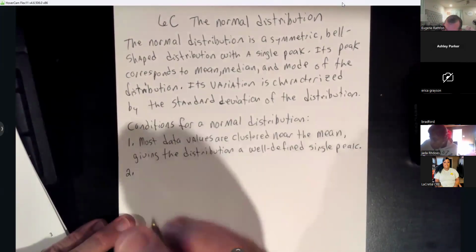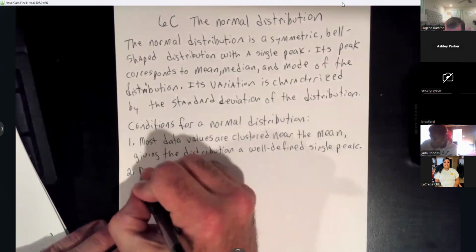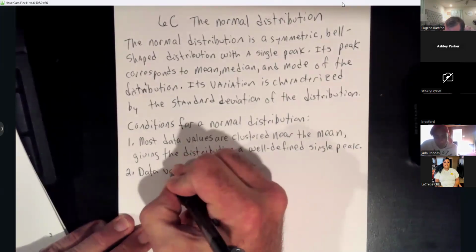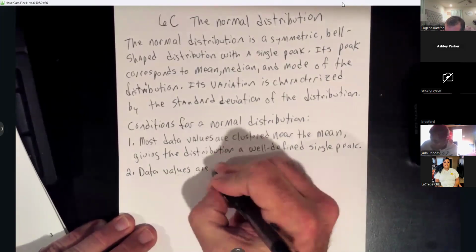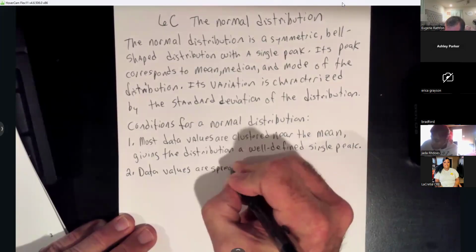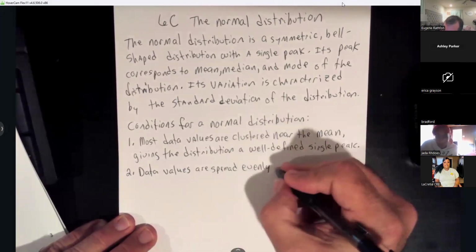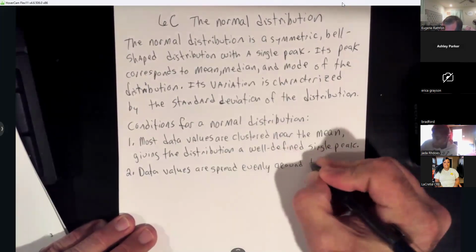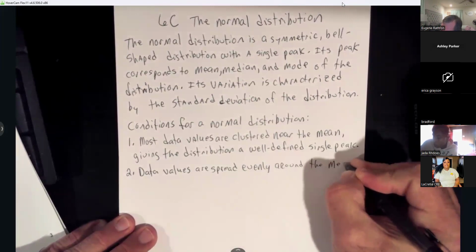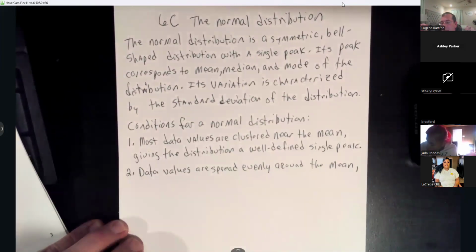All right, y'all, the second criteria would be that the data values are spread evenly around the mean, and y'all remember when I say mean, I'm talking about the average.